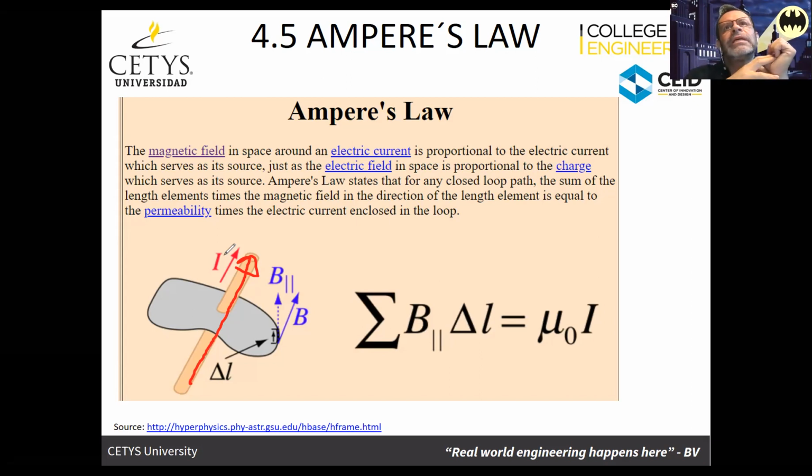So the permeability is this property that's related to how a magnetic field can be generated. So the permeability zero is the permeability of vacuum, right? Times the current that's flowing, that's going to give us a reference to the magnitude of the magnetic field. And that's basically Ampere's law.